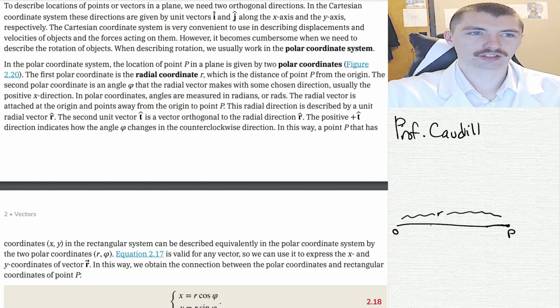The second polar coordinate is phi, the angle that the radial vector makes with some chosen direction. Polar coordinate angles are measured in radians.